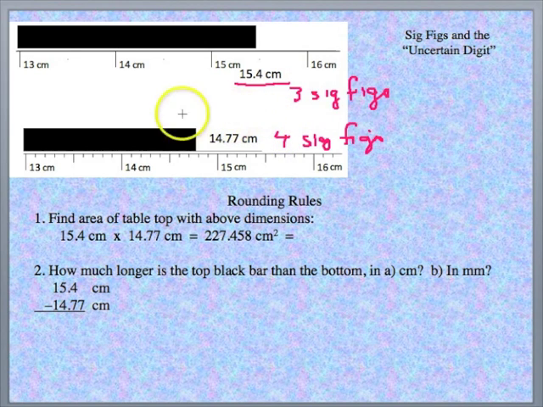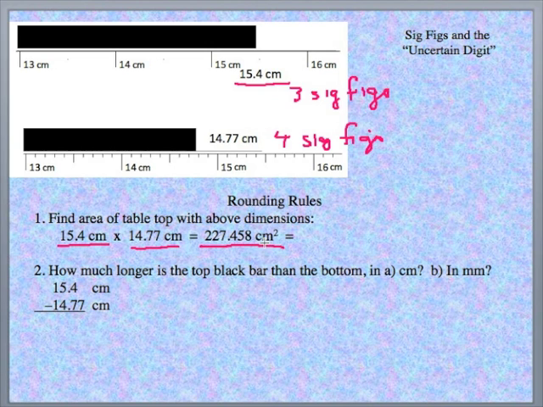Now suppose we wanted to find the area of a tabletop with these dimensions. We would multiply length times width, or 15.4 centimeters times 14.77 centimeters. Our calculator returns 227.458, a number with 6 significant figures.